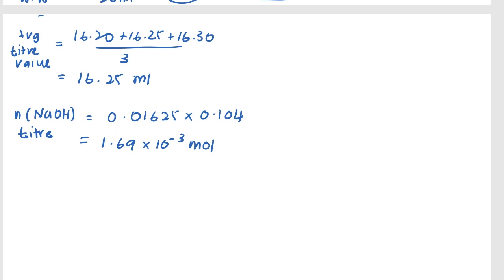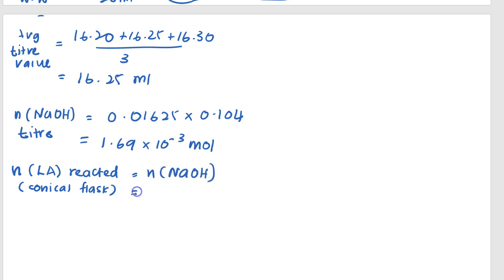The number of moles of lactic acid reacted in the conical flask is the same as the number of moles of sodium hydroxide, which is 1.69 times 10 to the power negative 3 moles.